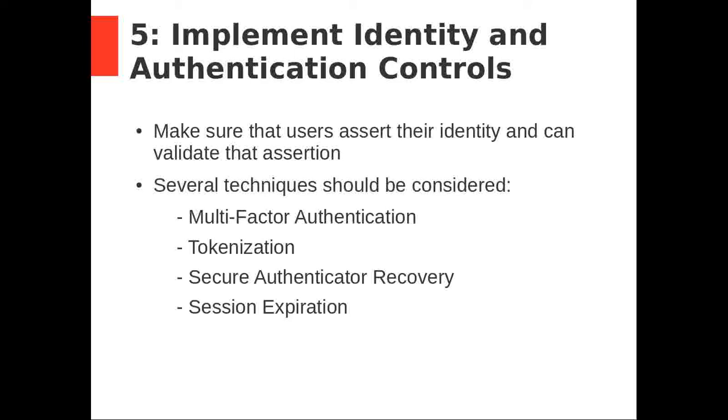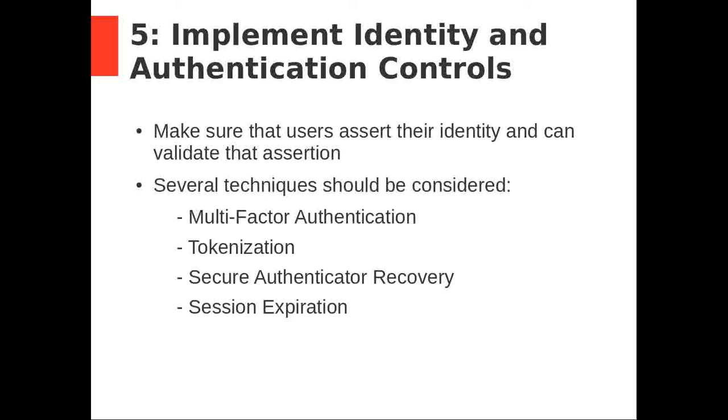Multi-factor authentication: providing more than one type of proof regarding your identity, either something you are, something you have, or something you know. Tokenization: rather than storing persistent credentials on a client for continued access, provide a token from the server after authentication, minimizing the risk of credential compromise.